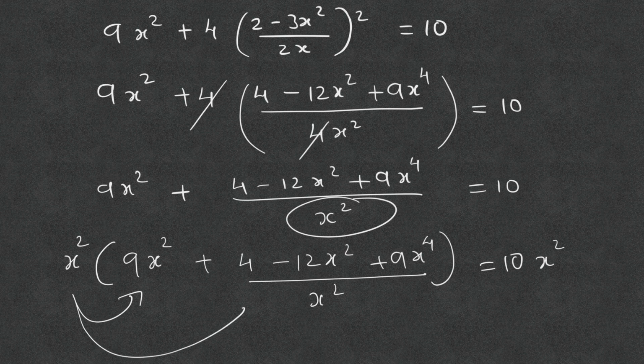And so when you distribute this multiplication, we'll have 9x to the 4 plus 4 minus 12x squared plus 9x to the 4 equals 10x squared. This is equivalent to writing 9x to the 4 minus 11x squared plus 2 equals 0. Now we have a quadratic in x squared.